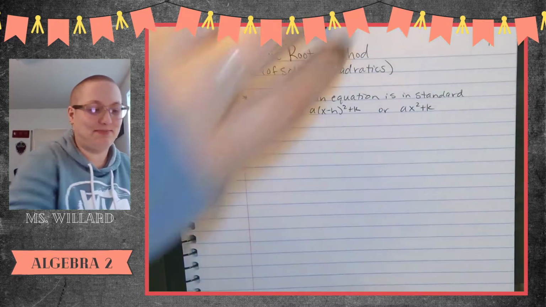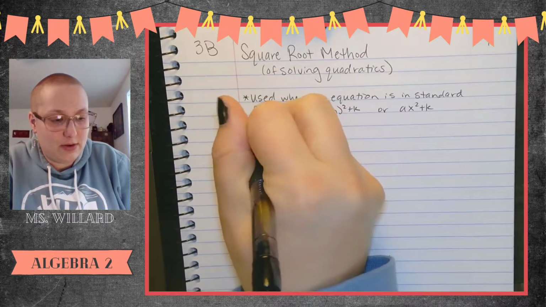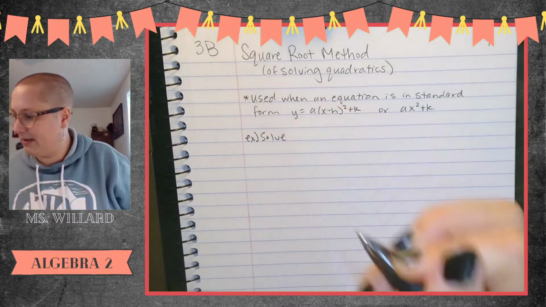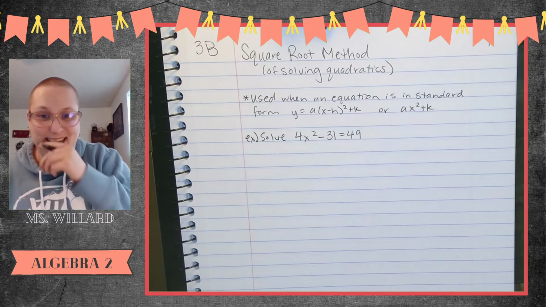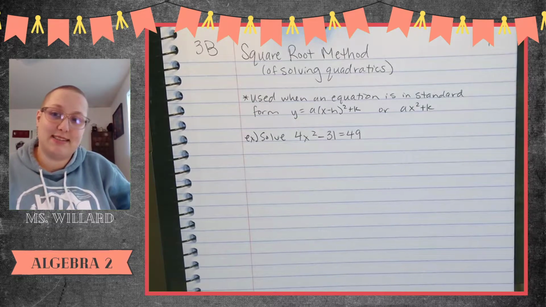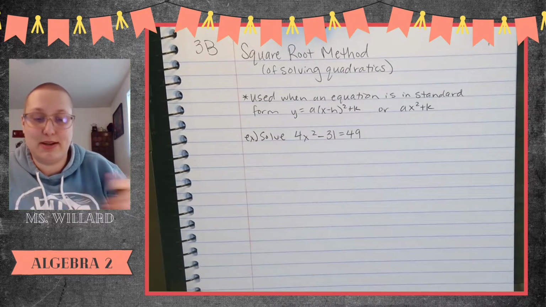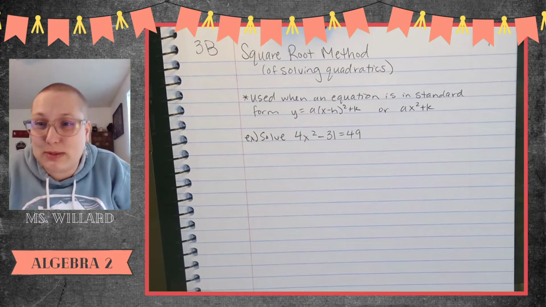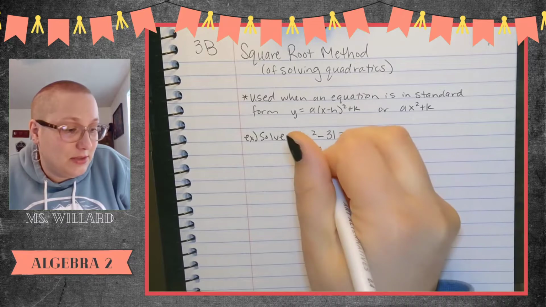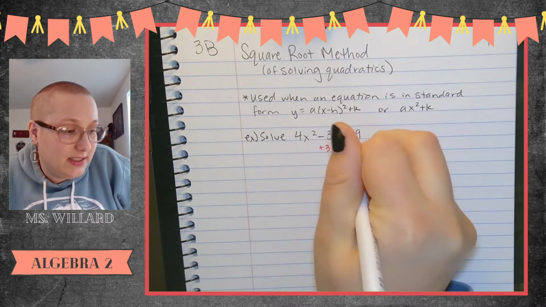So for instance, we're going to solve this problem for x, and we're going to square root in the middle. So what we're going to do is solve this like a normal algebra problem. I'm going to add 31 over here.